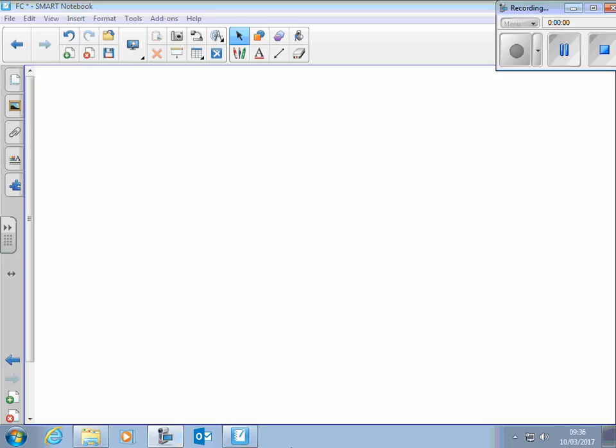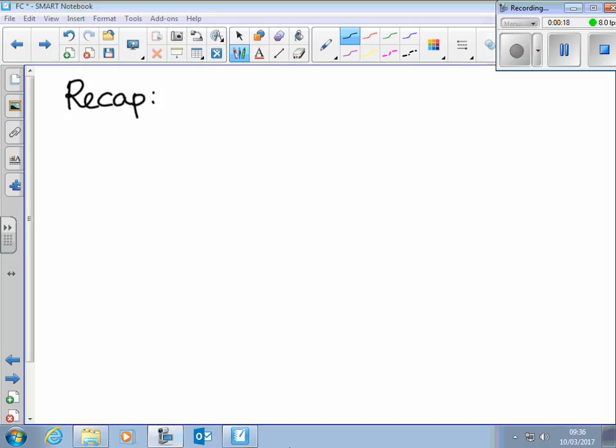I'm going to start by doing a very quick recap of something I put on the board last week, and I'm going to rewrite it just to remind you about what a formula actually means. So this is the recap bit. If you were to write the letter O, that just represents the element oxygen.